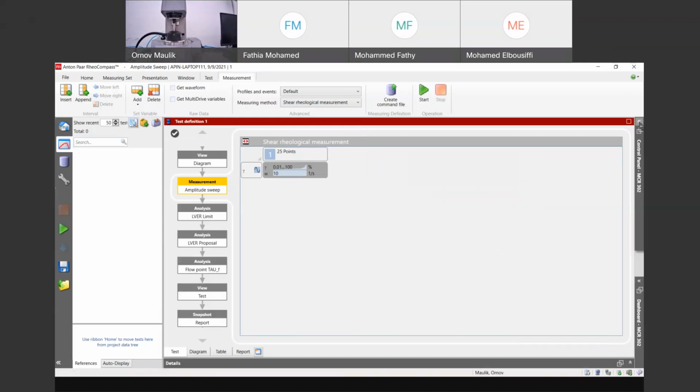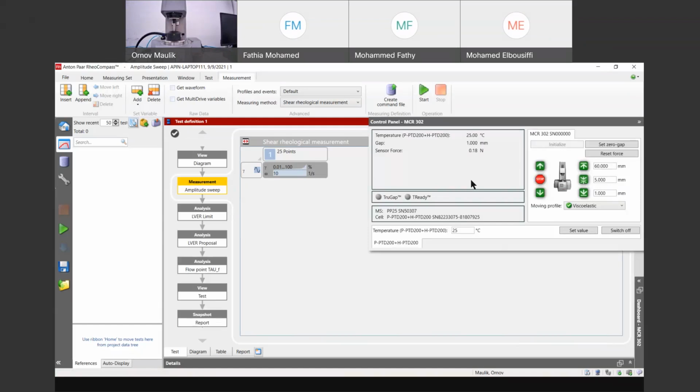Another key parameter that you need to always check is the sensor force. Sensor force is the normal force experienced by the motor system, and it should always be close to zero, because if it builds up high, this would mean that there is some sort of external force applied on your sample.